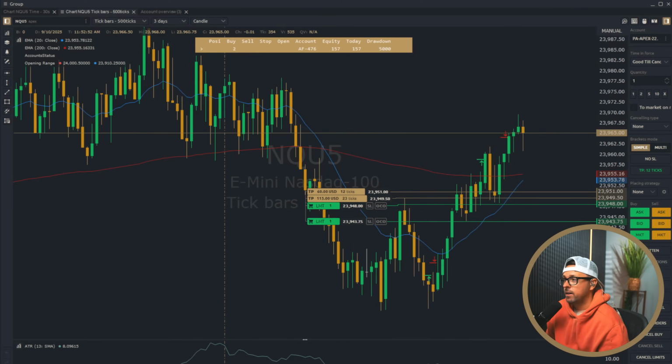Is TradingView lagging? I don't know. I don't use TradingView, but the price action is very slow. It almost looks like NQ is lagging right here. Is it low volume? I don't know what's going on. Why is this happening?